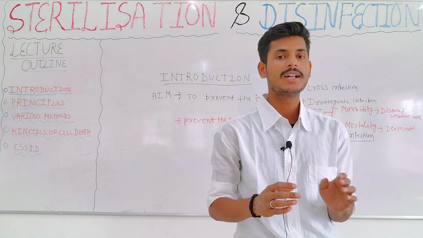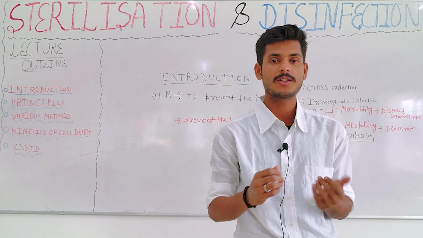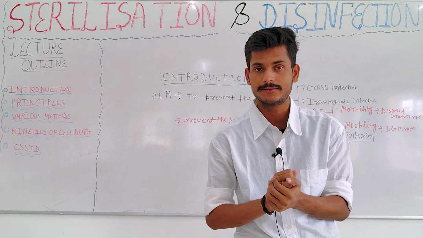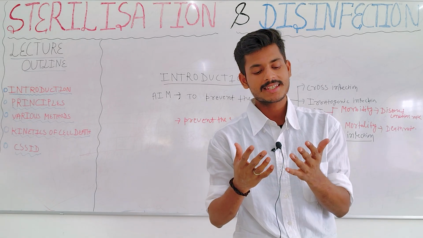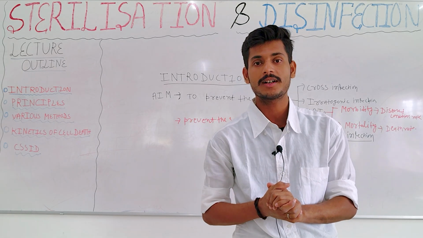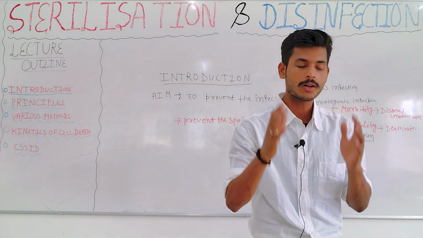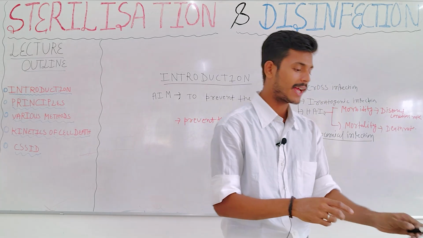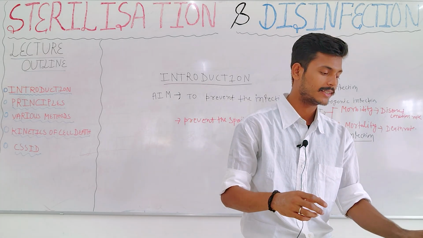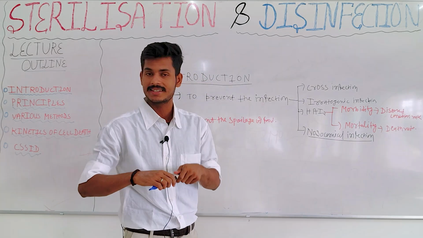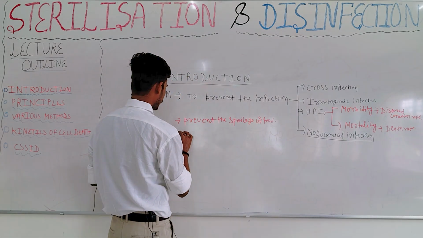So we have to sterilize the milk. We have to control the microorganisms present in the food, isn't it? This controlling of the milk product is one of the broad aims of controlling microorganisms, and that is dealt with by the method called pasteurization, which we will see after a few minutes.